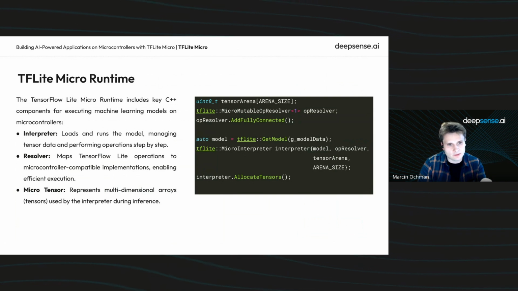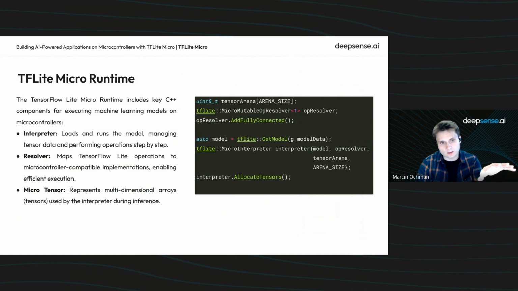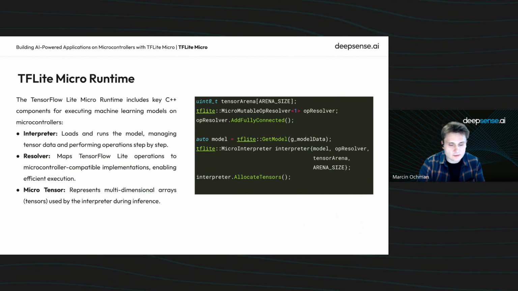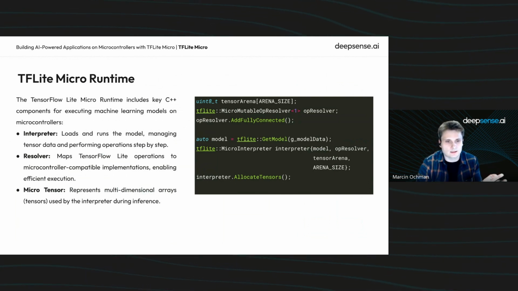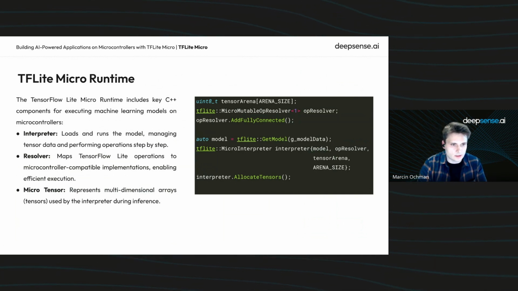We also have the resolver, which plays a crucial role in mapping TensorFlow Lite operations to microcontroller compatible implementations. And finally, we have micro tensors, which represent the multi-dimensional arrays used by the interpreter during inference to store both input and output.